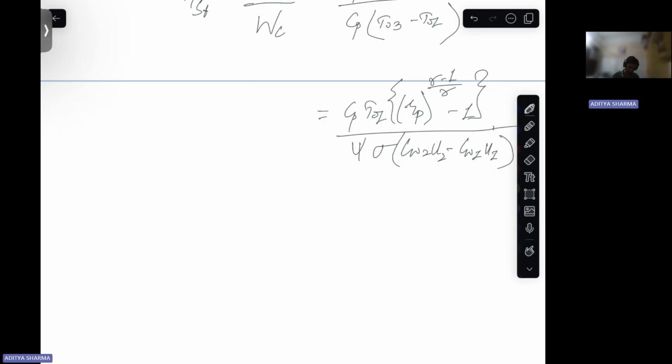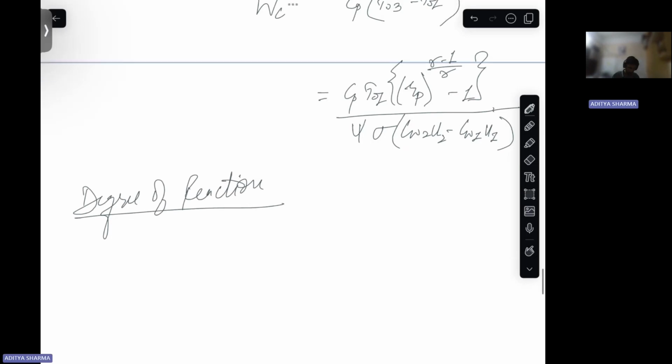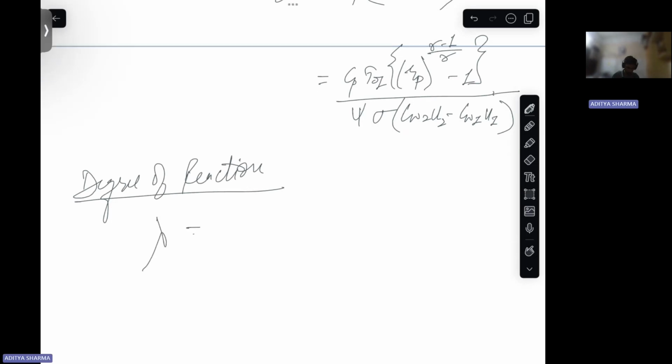Then degree of reaction. Degree of reaction we denote by lambda, which basically is the enthalpy change at your impeller to the enthalpy change at your whole stage. So your stage includes your diffuser also.